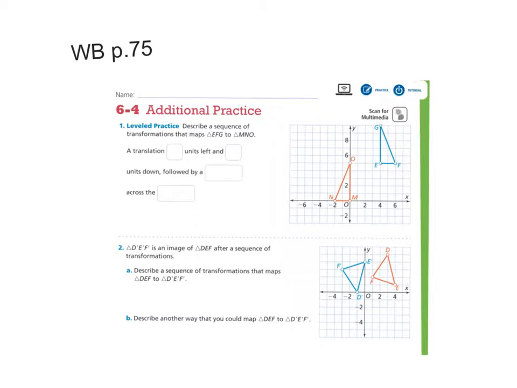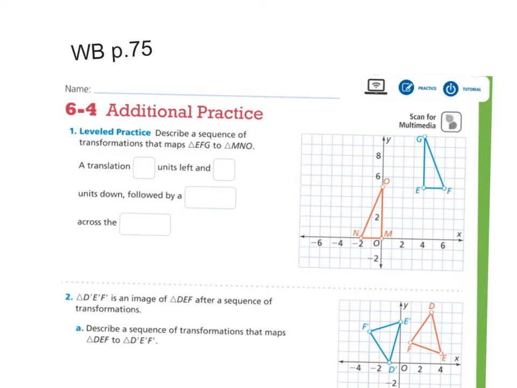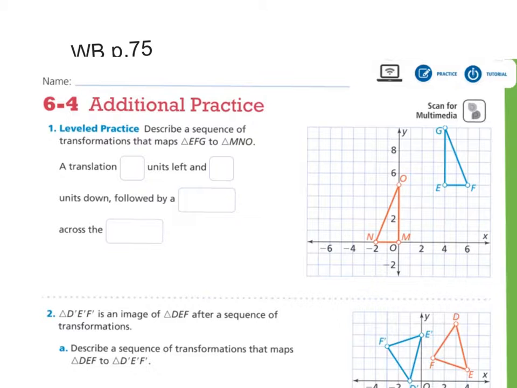Look at workbook page 75. Number 1, they are kind of directing us a little bit, guiding us along here. They're telling us it's going to be a translation left and down, and then a blank across the blank.